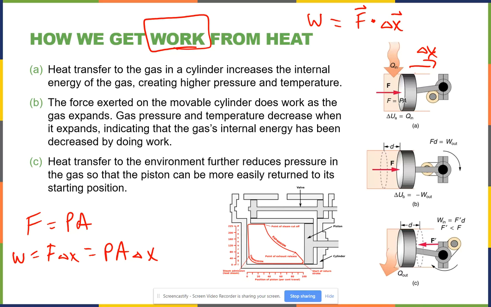So the work is pressure times area times change in length. But for the cylinder, area times change in length is the change in volume. And so it turns out that the work is the pressure multiplied by the change in volume.